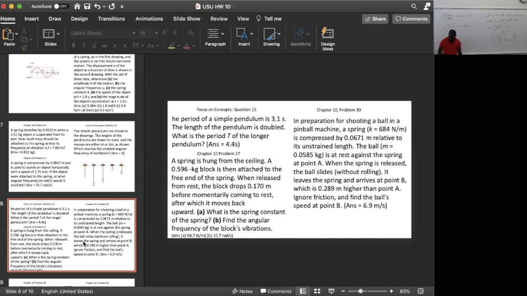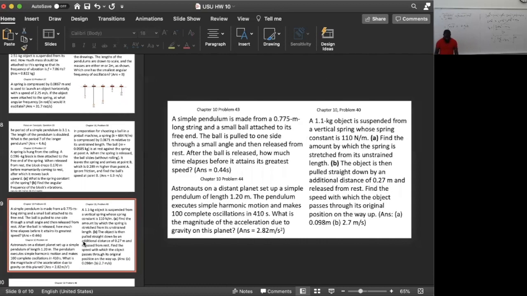We go to the next problem. It says a simple pendulum is made from a string of that length and a small ball attached to it. The ball is pulled to one side. How much time elapses before it attains its greatest speed? So let's find the period. For a pendulum it is 2 pi square root of L over g.